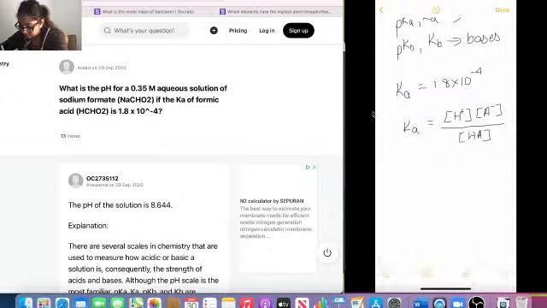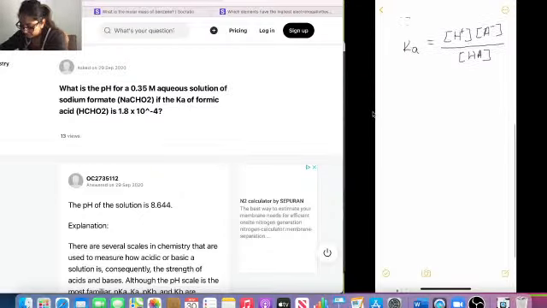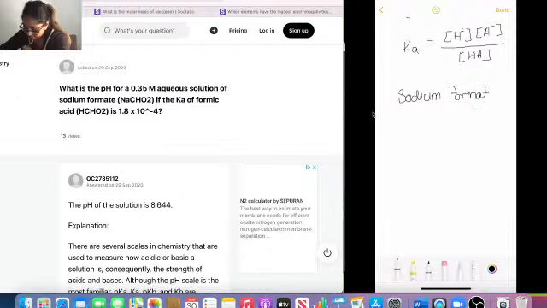And so if you want to relate this to Kb, which we need to find, what they're saying is to find sodium formate, and sodium formate, I'll just write here, is a base.